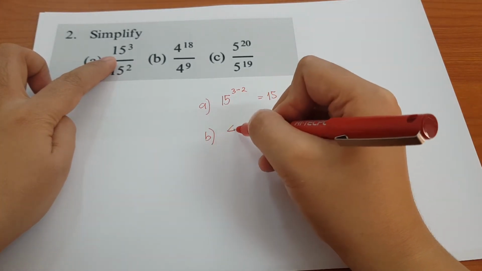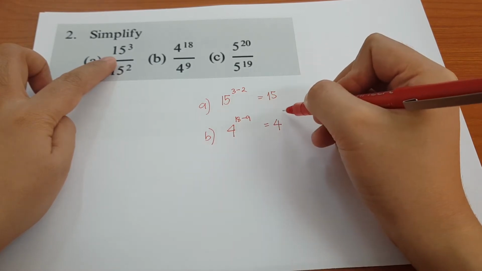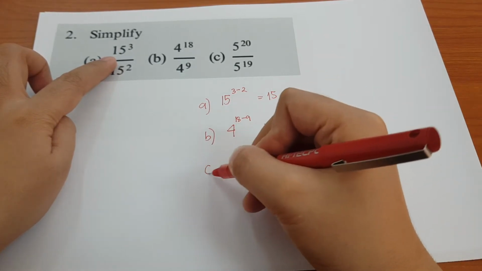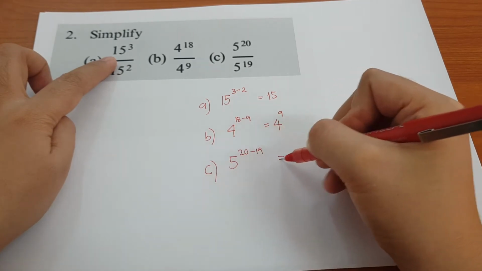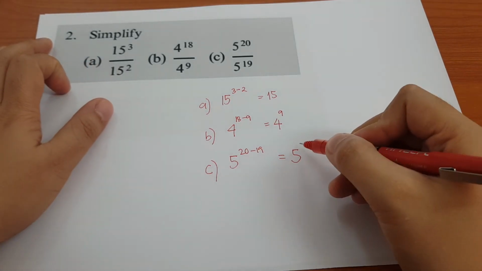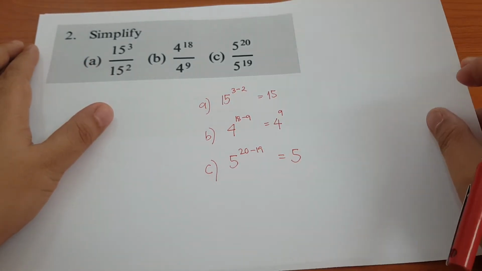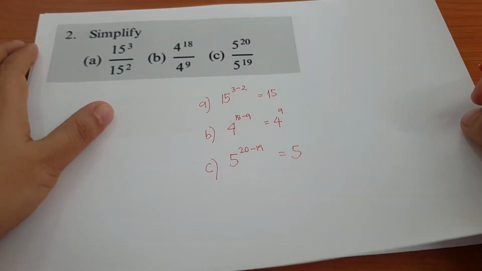Letter B, same base 4: 18 minus 9 gives power 9. Letter C, 20 minus 19 is 5 power 1. We don't need to write 1, since it is already considered that the power is 1.